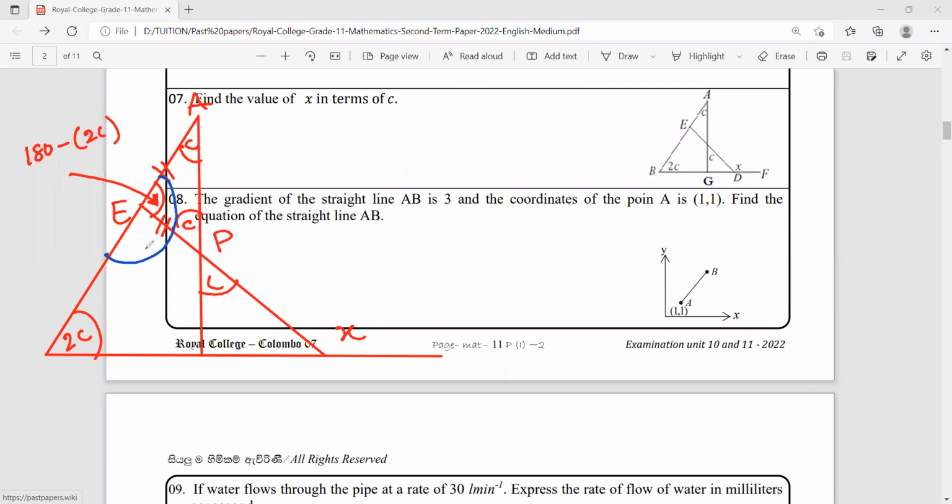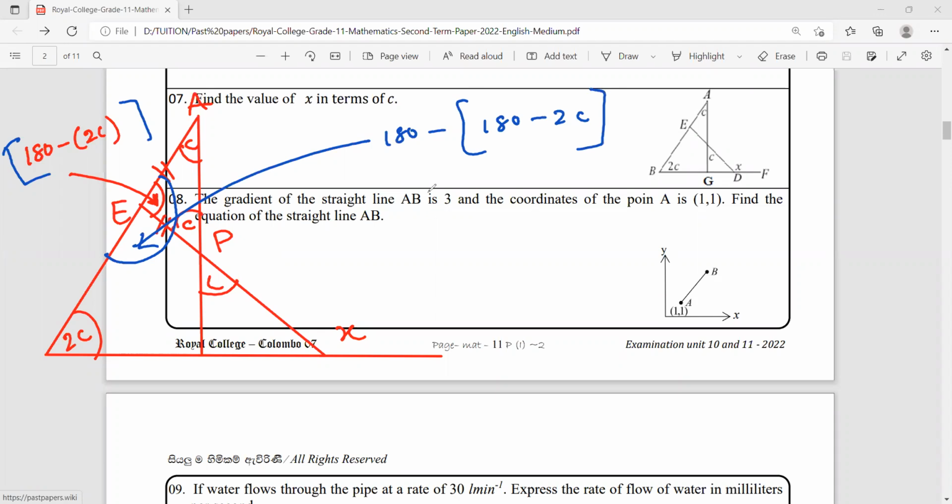Therefore, this angle should be 180 minus this part, right? So you get this angle like this. I'll explain it this way. You get this angle 180 minus 2c, right?